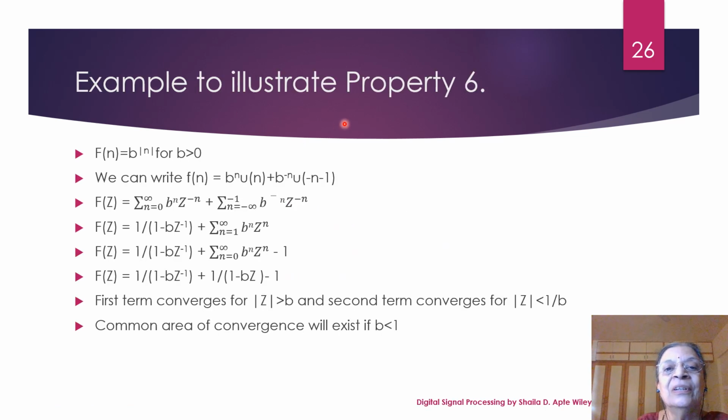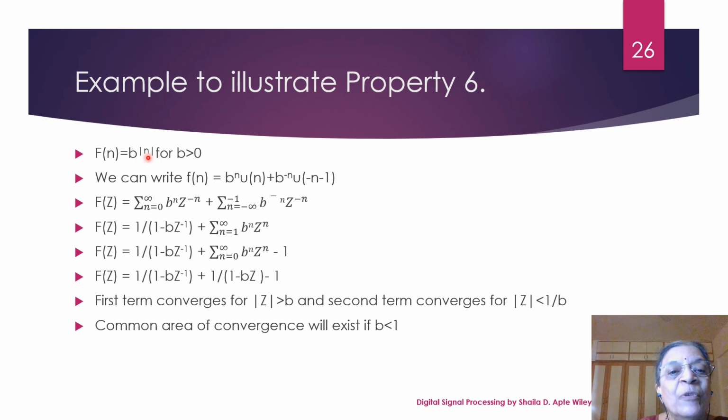Let us consider one example to illustrate this particular property. Let us consider fn as b raised to mod n, for b greater than 0. Now we can write fn as b raised to n u[n], because mod n can have values b raised to n and b raised to minus n.